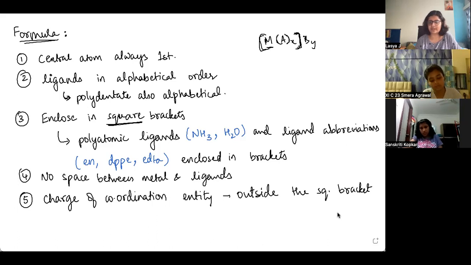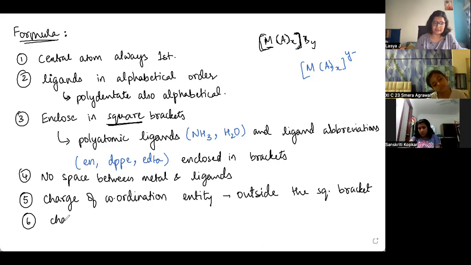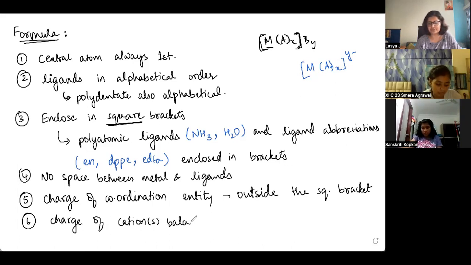So outside the square bracket, for example, if there is no BY here, then you write it as M A taken X times in square brackets, and outside you put Y minus, if it is an ionic complex. But if you have counter ions also, like if you have both cations and anions, then the charge of the cation, or ions if you have multiple, should be balanced by the charge of the anions.